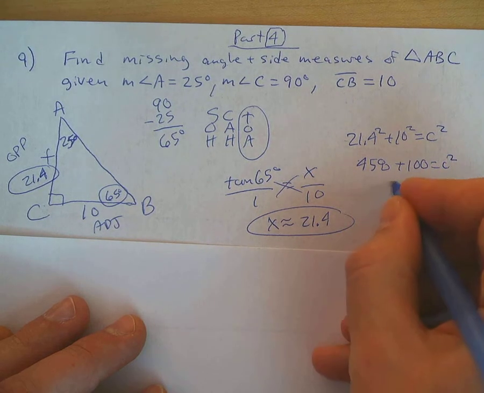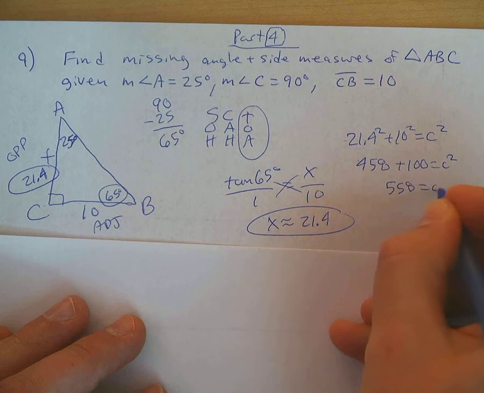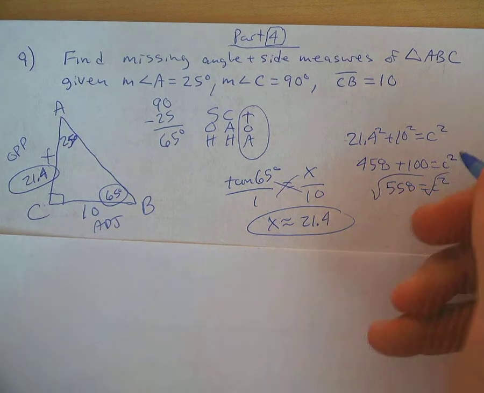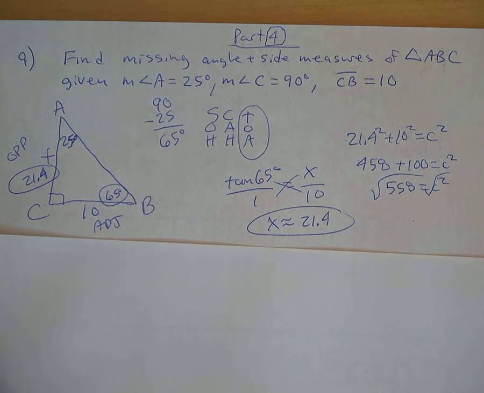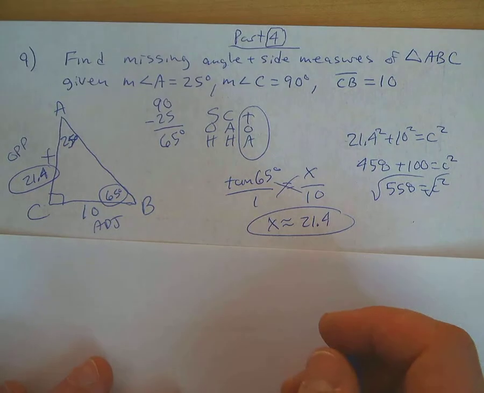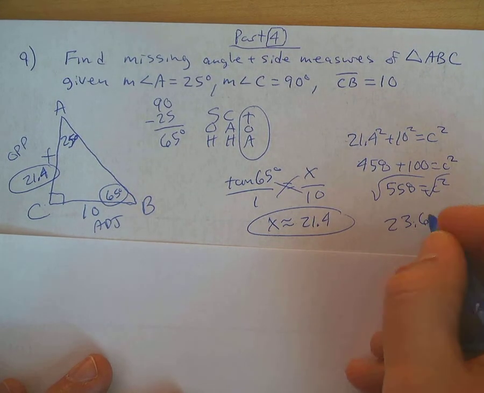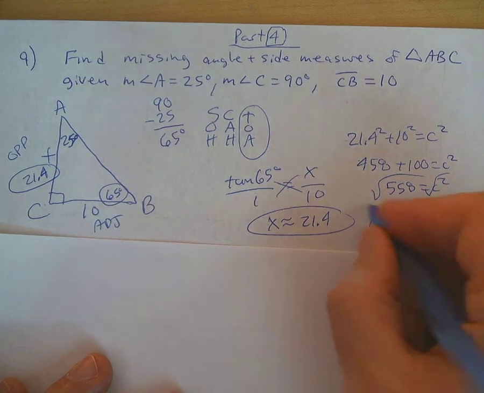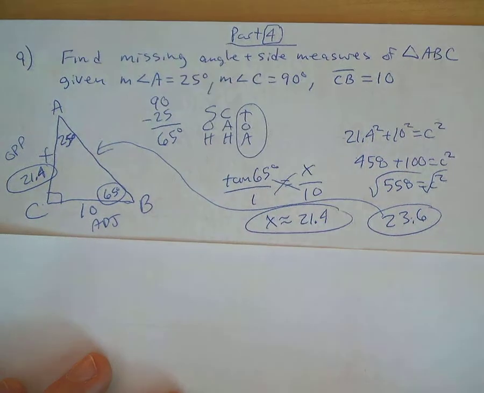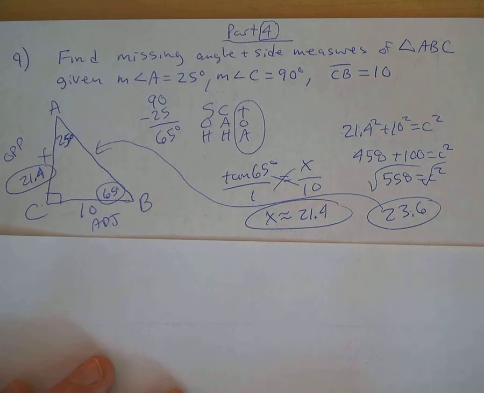So this is 558 equals c squared. Let's take the square root of 558 and we'll get 23.6 approximately. That's the length of A to B. All right, that's how you solve for all those missing sides and angles.